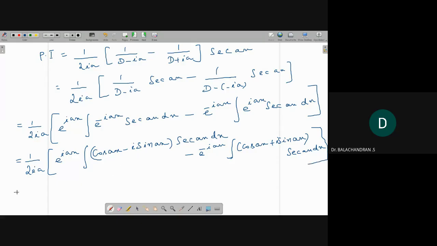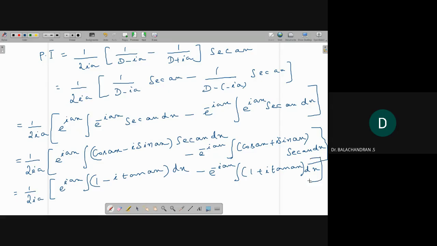So this is equal to 1 by 2ia e power iax integral cos ax secant ax is 1 minus i sin by cos is tan, minus e power minus iax integral again cos into secant is 1 plus i into sin divided by cos is tan into dx, close the bracket.